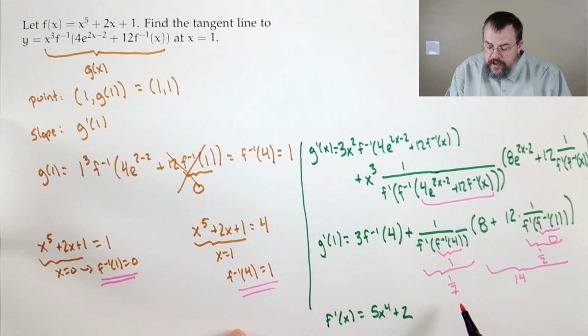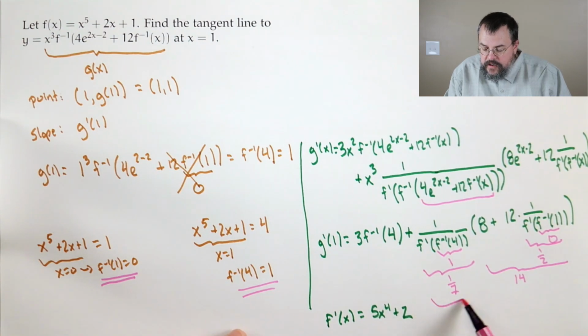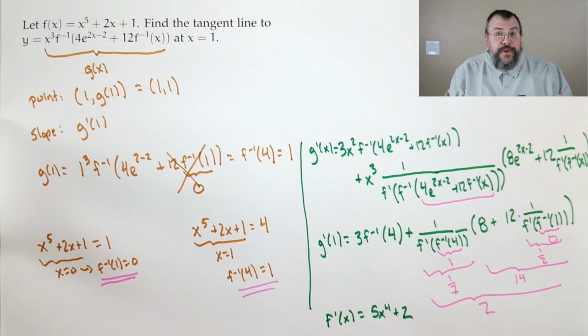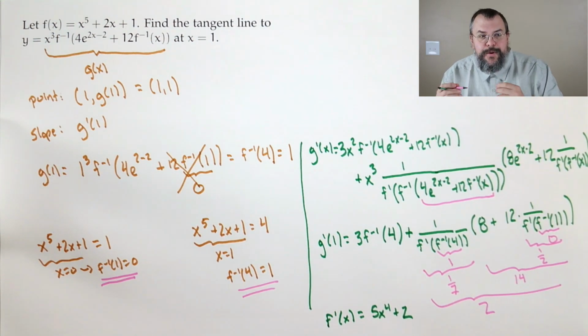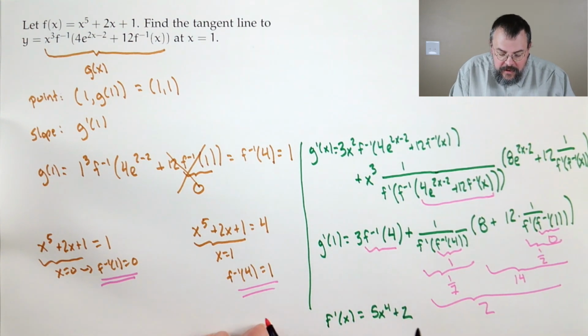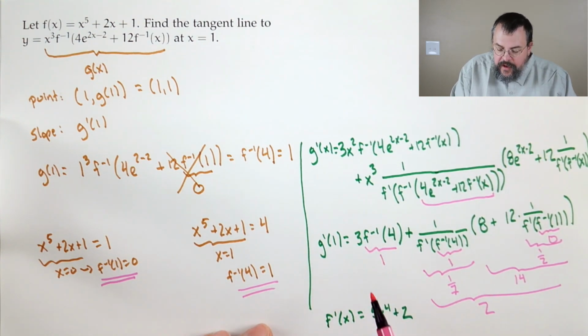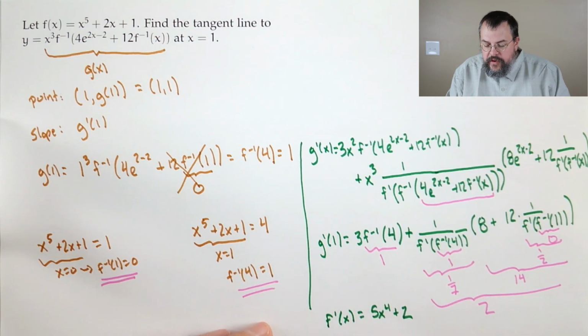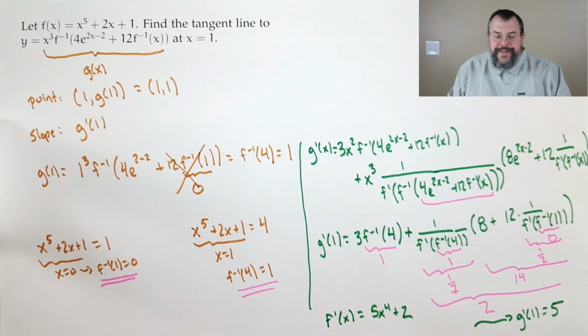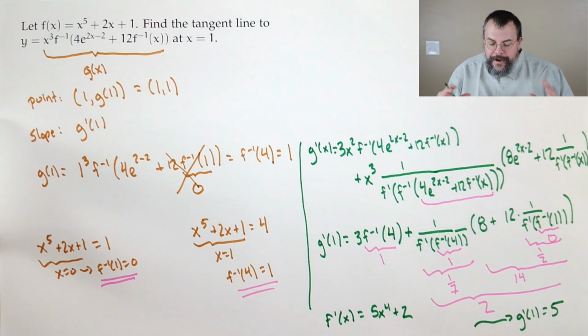So we have 1/7 times 14, which means this whole last term becomes 2. Oh, wow. That's pretty simple. Here, f inverse of 4, well, we know that's 1. So we have 3 times 1 plus 2, which tells us that, lo and behold, g prime of 1 is equal to 5. All right, nice, nice.